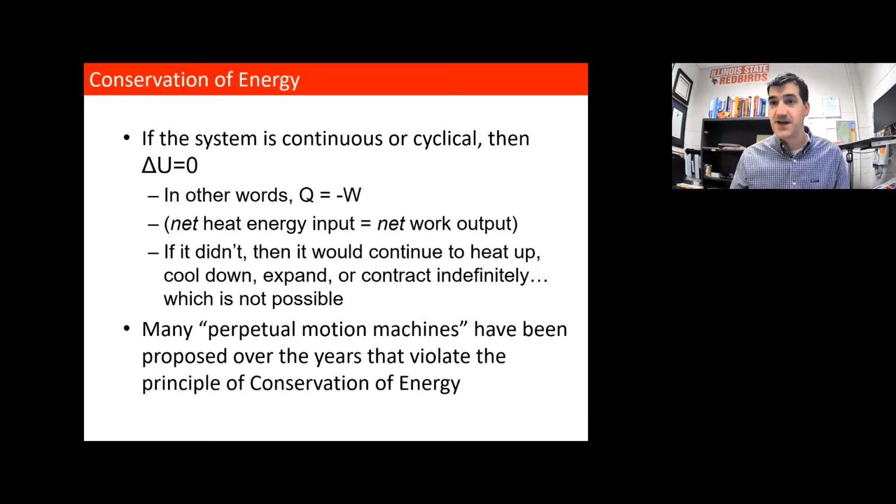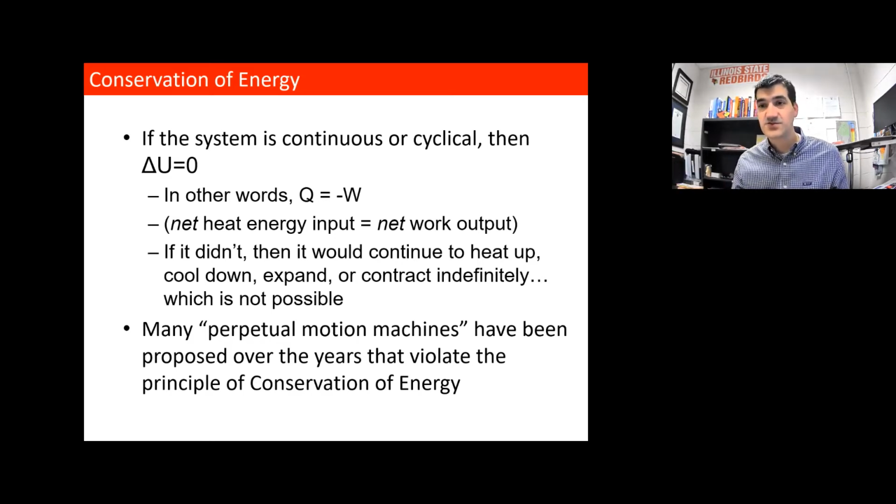And if we have a continuous loop process operating in steady state, then we have delta U equals 0. That tells us that the net heat energy input, Q, equals the net work output, negative W. Just by rearranging delta U equals Q plus W and setting that equal to 0, we find that Q equals negative W.